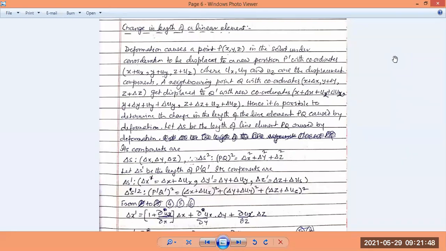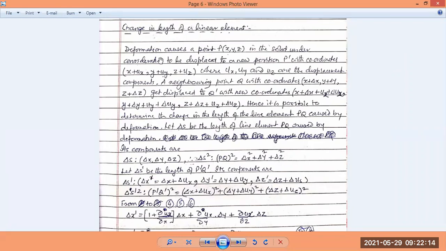But now let us think about what will be the change of a linear element itself, which is a line, due to the deformation of the body to which it belongs. What will be the deformation caused in this linear element or line?